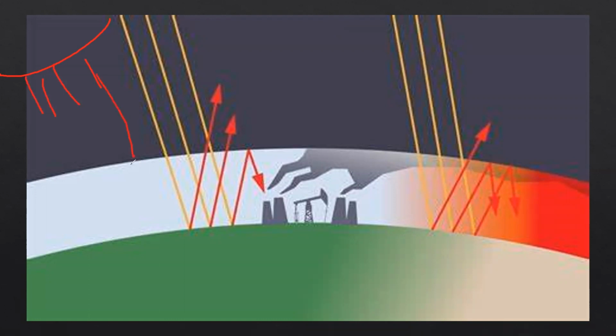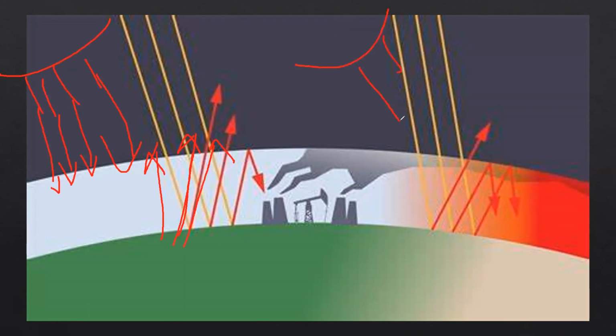The Earth will absorb these rays and re-emit what? Infrared rays. At a normal amount of greenhouse gases, these infrared rays will easily get out of the atmosphere. While in the case of an increased amount of greenhouse gases, the sun will emit, as usual, visible light and short-wave rays, and the Earth will absorb these rays and re-emit infrared rays.